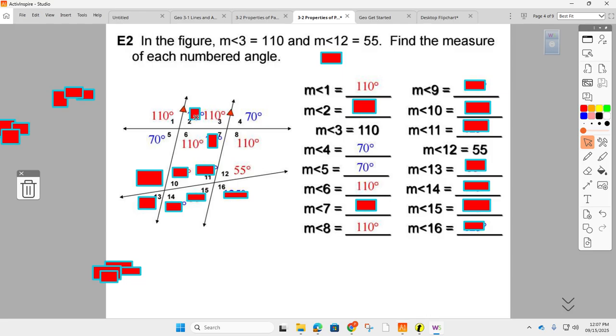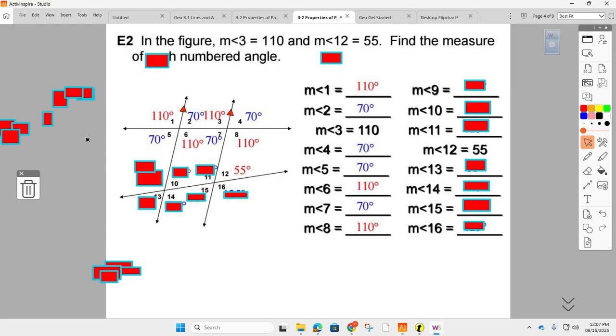Which is it? Yes, 180. So what's the measure of angle 2 going to be? 70. Remember, they all have to be either 110 or 70. And last but not least, another alternate interior angle pair, 2 and 7. They're both going to be 70 degrees.